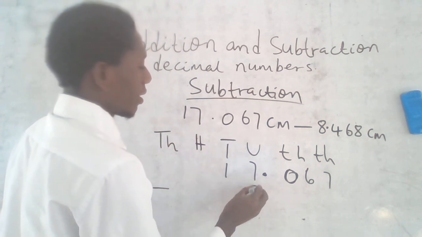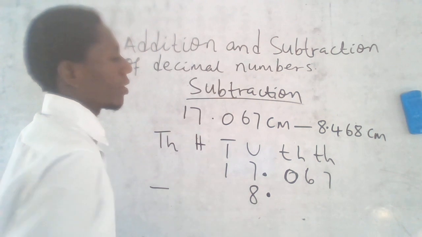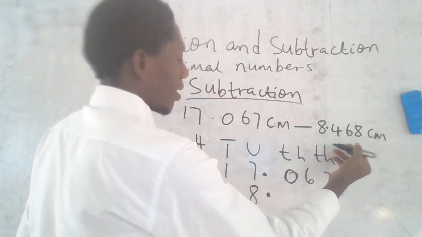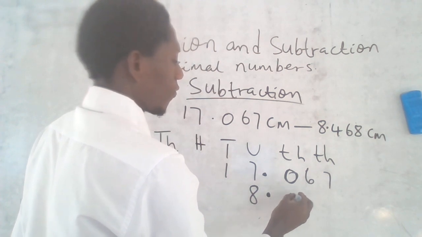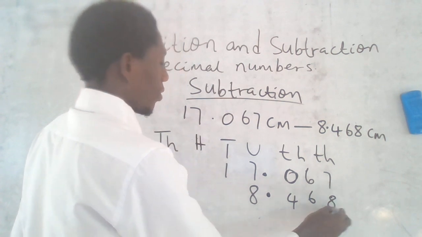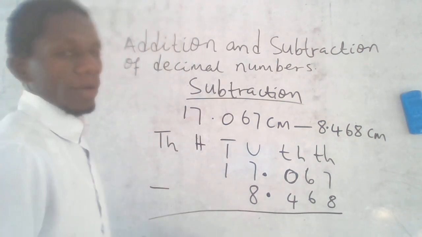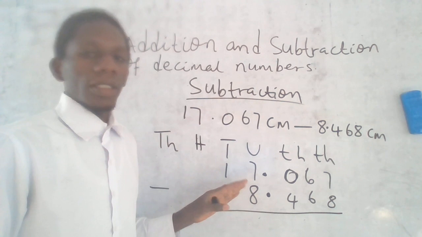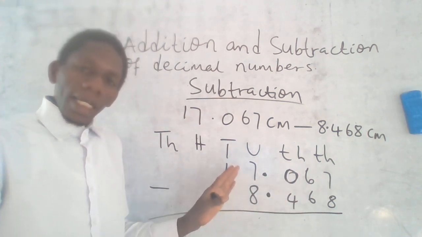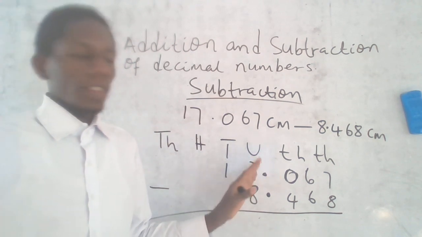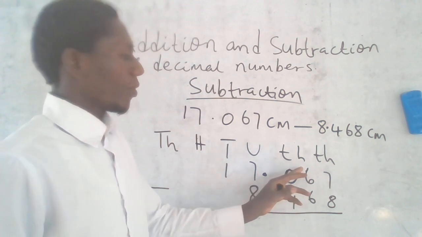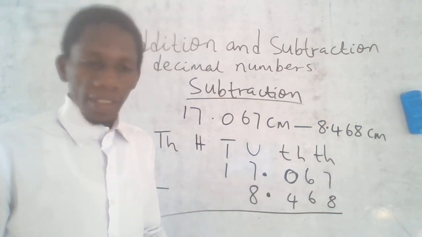So you write 8 here, and you put a point, and you write the tenths here. This is 4, 6, and 8. Now, if only you remember to arrange this problem this way, you will be able to solve any kind of problem of this nature. This is 7 minus 8, cannot, so you borrow here, becomes 17.